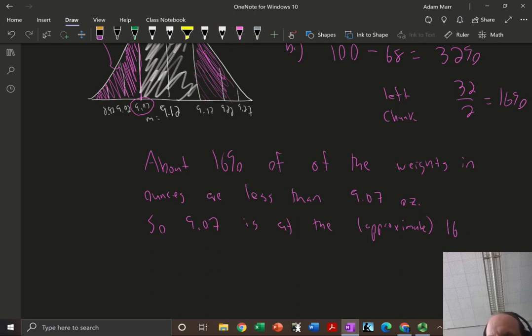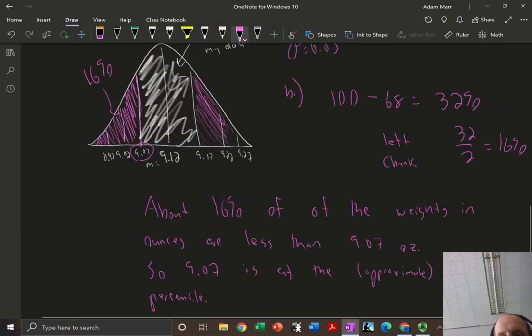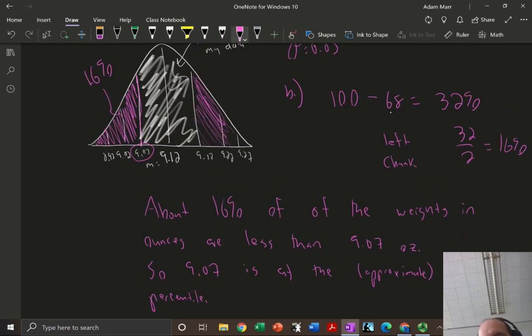And we already showed our work up here. We saw 100 minus 68, 32. We labeled the left chunk 32 over 2. So we justified it. All right, we're good.